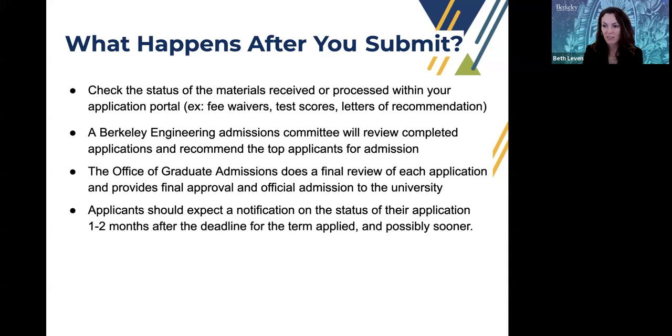And then fee waivers, if you've applied for a fee waiver, the graduate division will get back to you, but it may take a little while as well. And that may be after the deadline. So I would just pay attention to that. And then if there's anything missing in your application, we will get back to you and ask about it. So if for some reason you forgot to pay the fee or you're missing a transcript or something, we will give you a chance to turn that in.